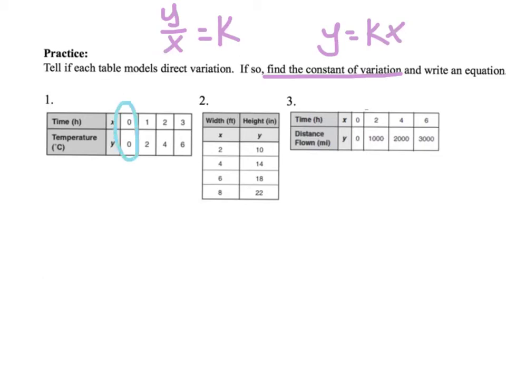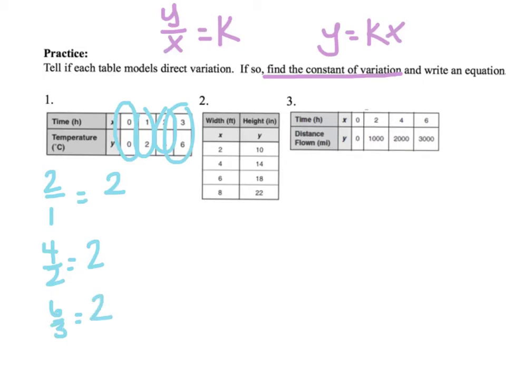But let's take a look at the ratios. Let's do y over x. So I'm going to take my 2 over 1. Well, that's simplified down to 2. Let's take the 4 over 2, which is equal to 2, and 6 over 3, that's equal to 2.